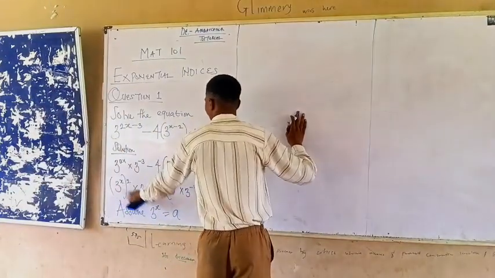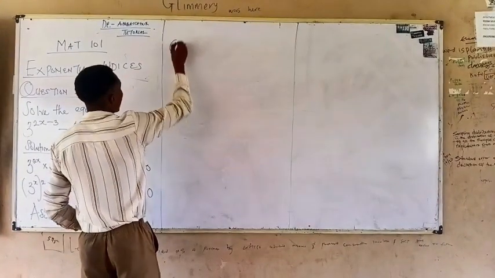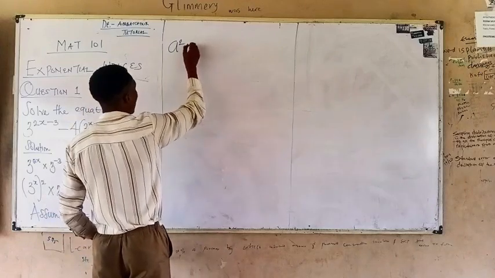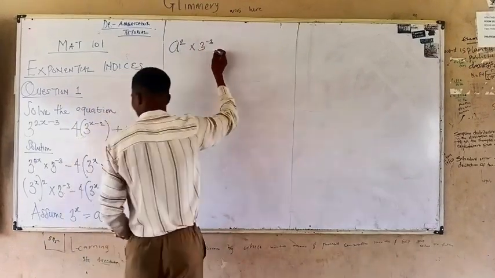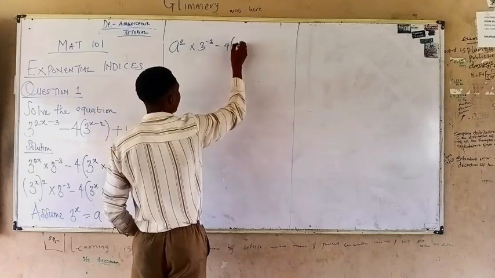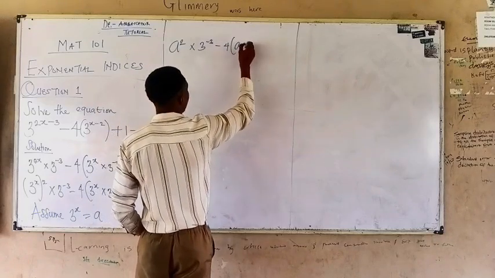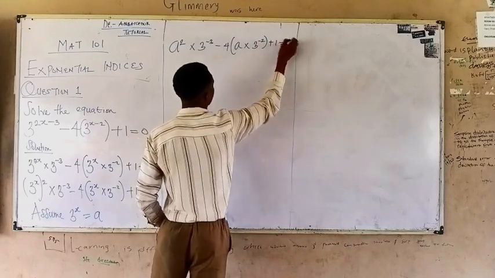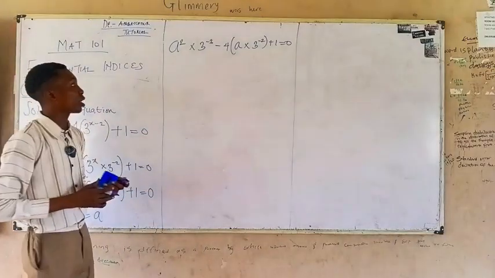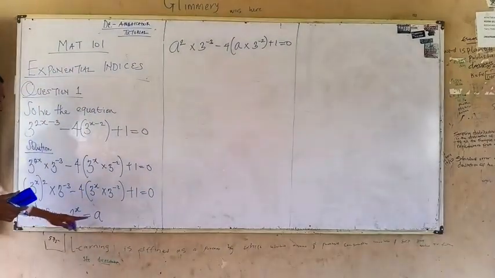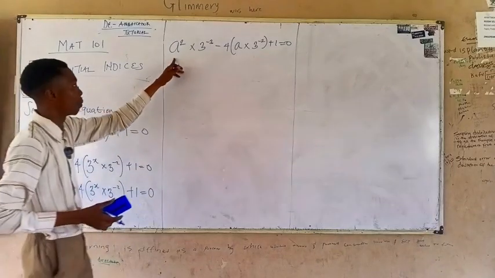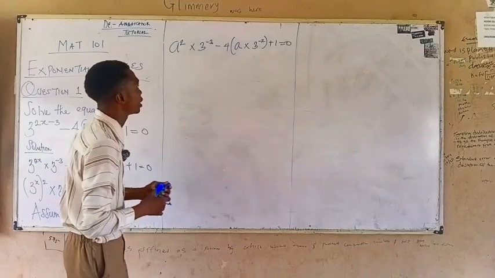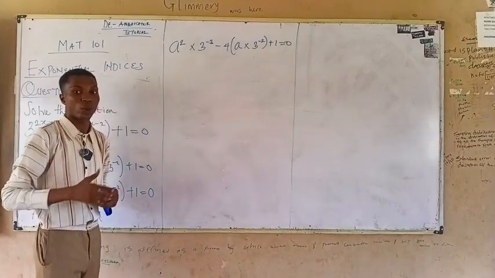So I have a squared multiplied by 3 to the power of minus 3, then minus 4 in bracket a multiplied by 3 to the power of minus 2, plus 1 equals 0. As you can see, any place I had 3 to the power of x has turned to a. The next thing is to simplify until it looks like a quadratic equation.